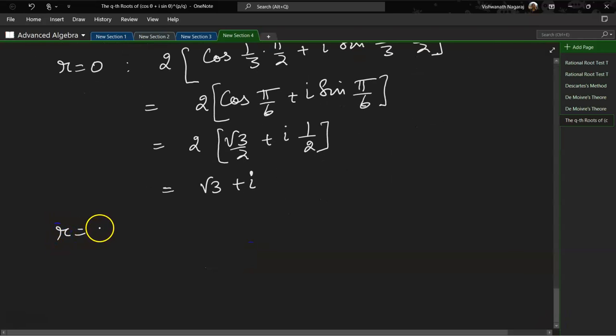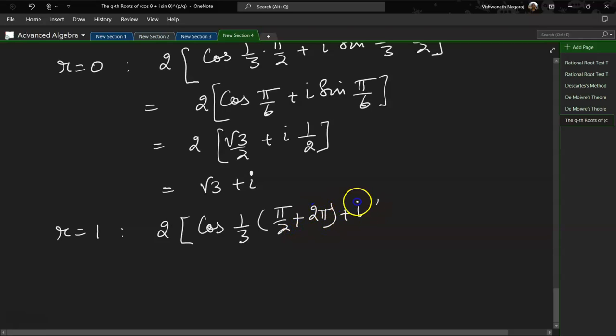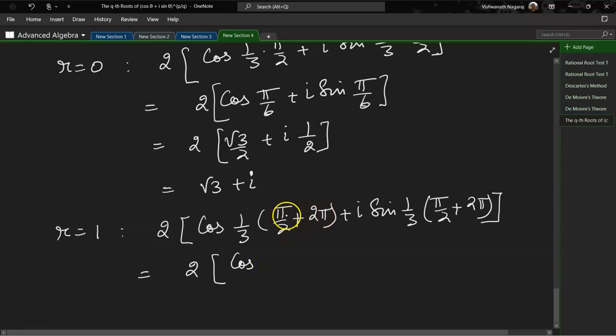Now r is equal to 1. Then what happens? 2 times cos 1 by 3 times pi by 2 plus 2 pi plus I sine 1 by 3 times pi by 2 plus 2 pi, which gives us 2 cos 5 pi by 6 plus I sine 5 pi by 6.